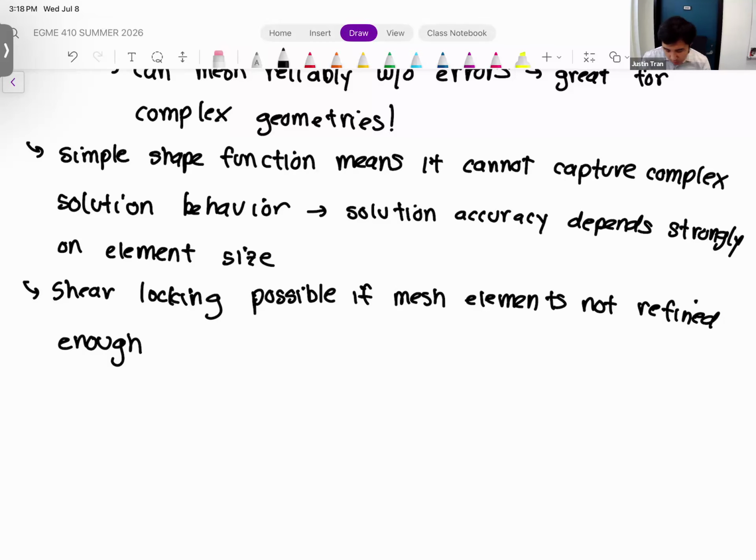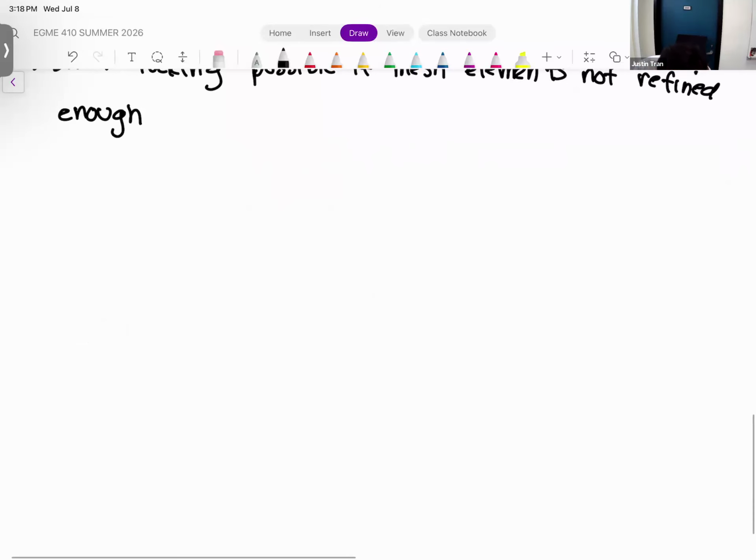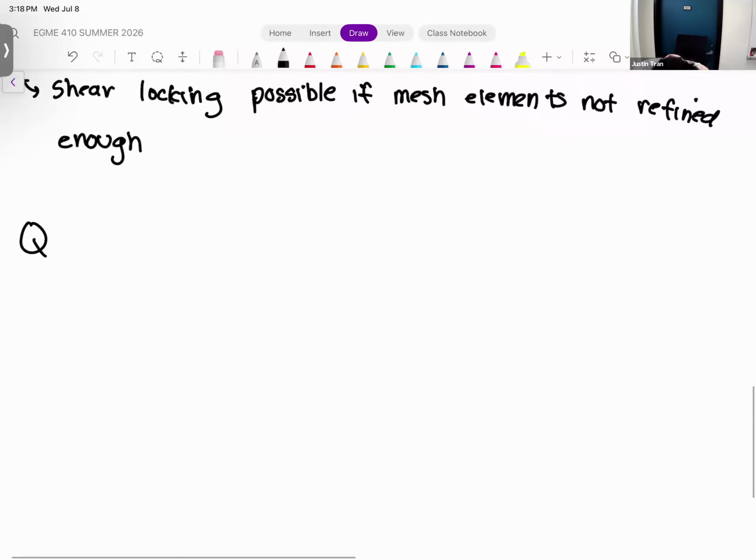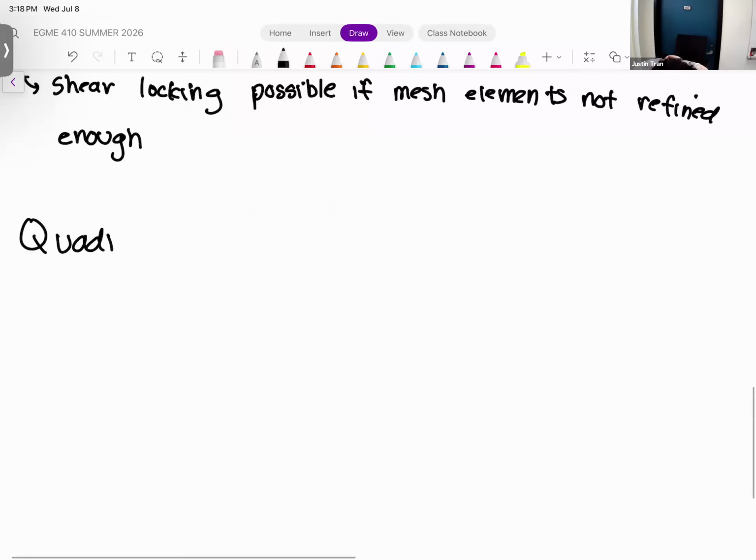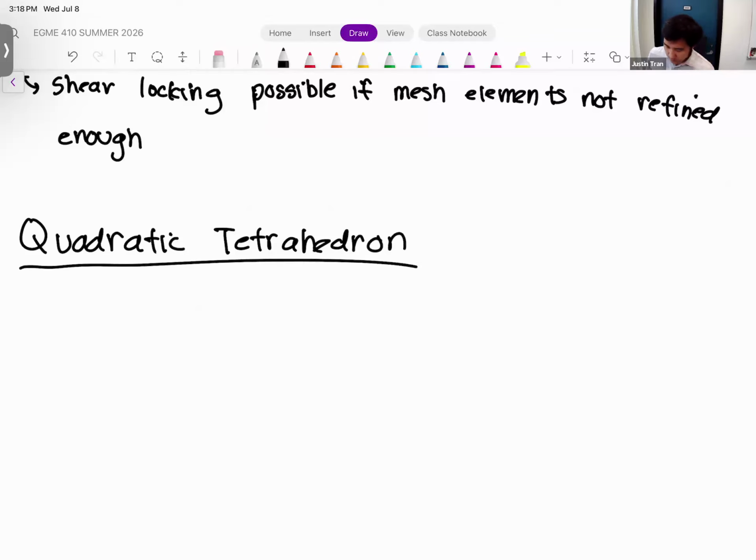So let's talk about the quadratic tetrahedron. Quadratic tetrahedrons are the 3D analog for the quadratic triangle.